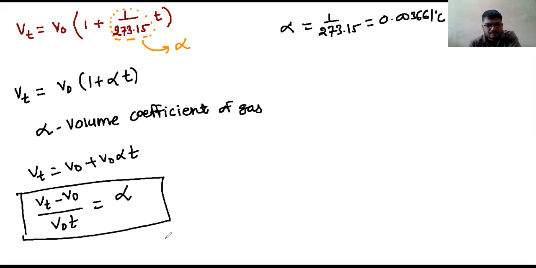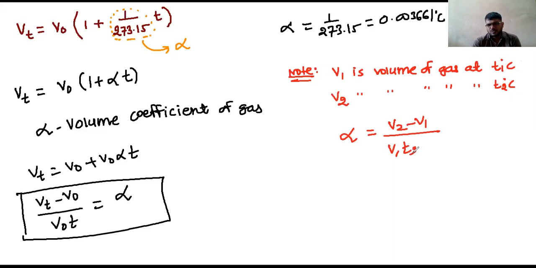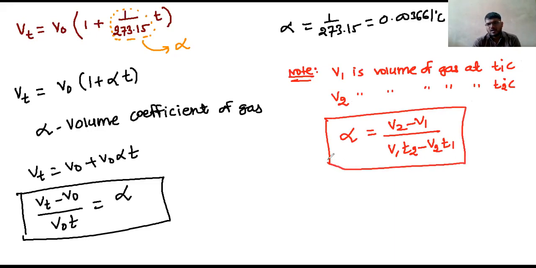Next, one note point. If V1 is the volume of gas at T1 degrees Celsius and V2 is the volume of gas at T2 degrees Celsius, then alpha is equal to V2 minus V1 divided by V1 T2 minus V2 T1. Remember. How are we getting this?